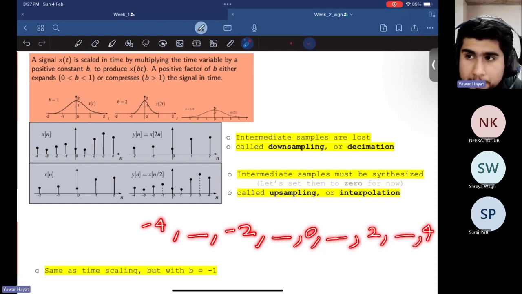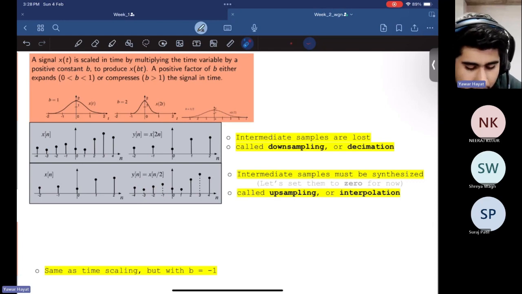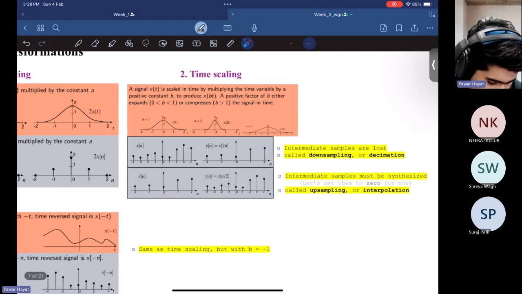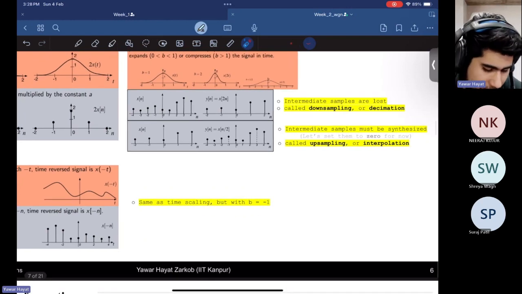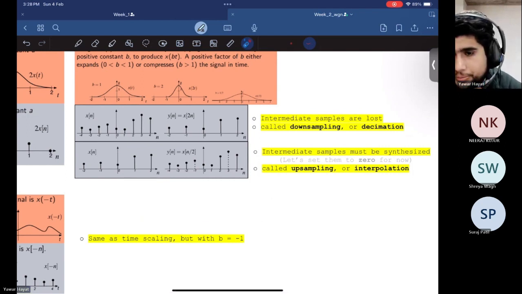Do you agree with me? I don't have any information about this, neither this, nor this. So these samples must be synthesized, and for now we'll set them to 0. When we move ahead in the course, we'll see how these samples can be interpolated. But for now, we can assume them to be 0.